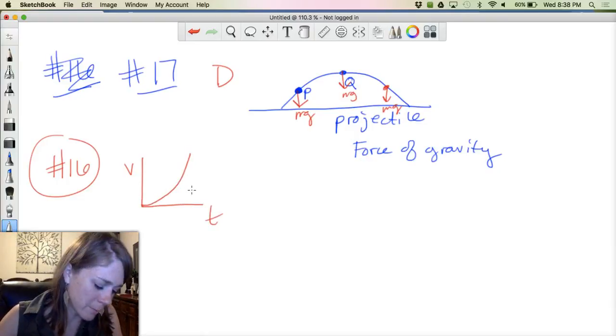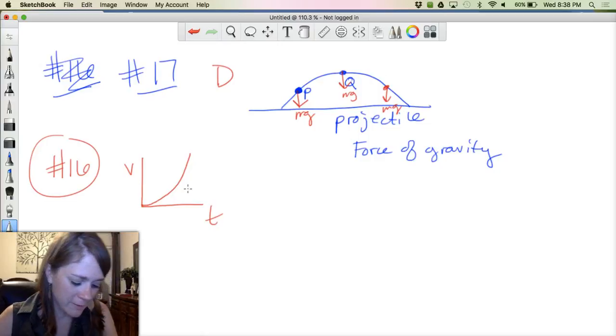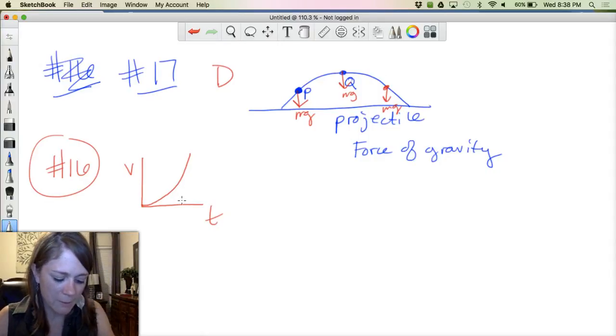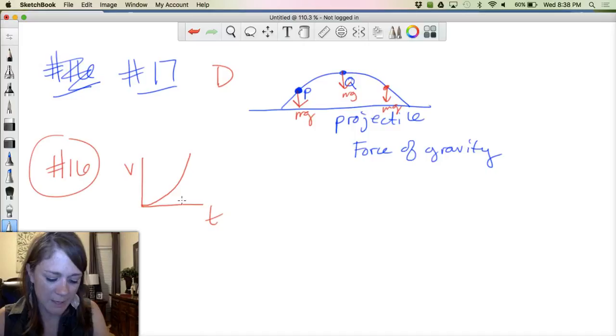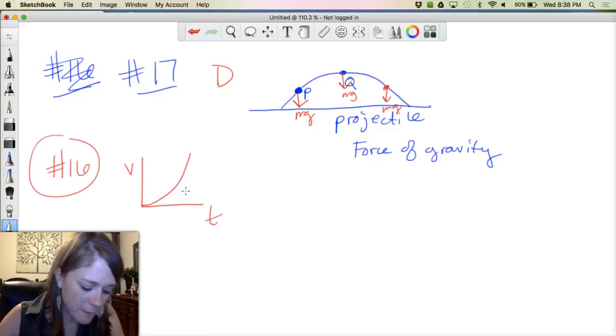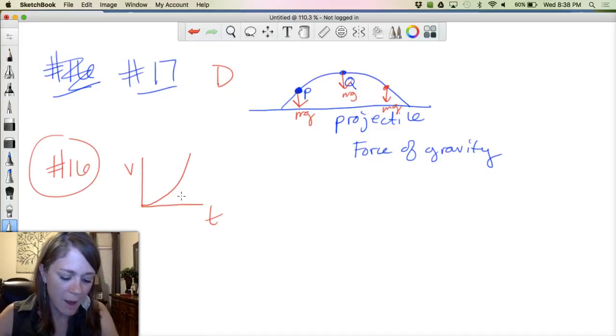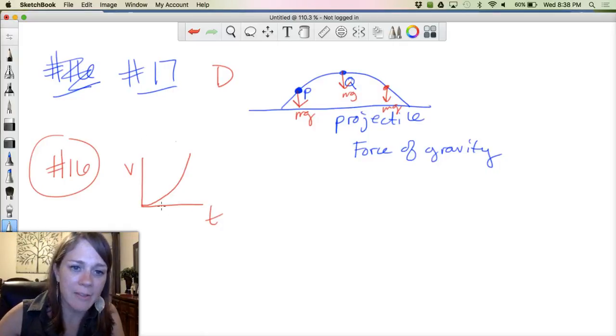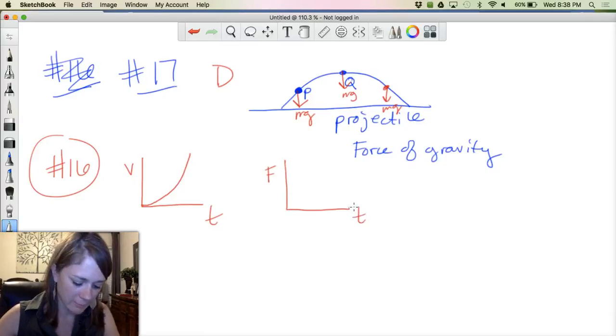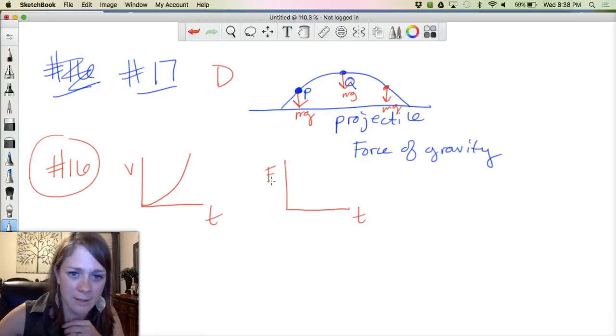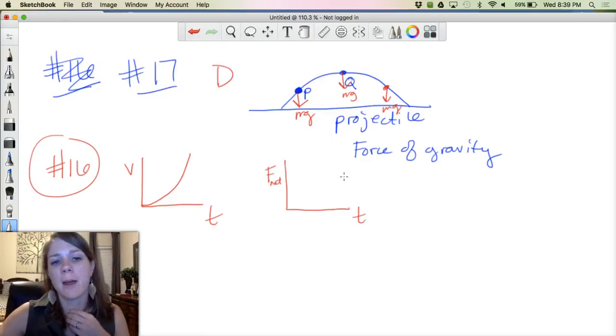I was actually talking about the parabola of a graph of speed v as a function of time t for an object. Which of the following graphs best represents the magnitude F of the net force exerted on the object as a function of time? So by looking at this graph, they want to know what the force time graph looks like, actually the net force time graph.